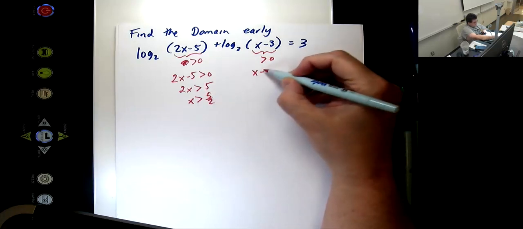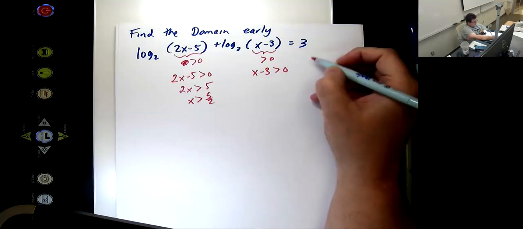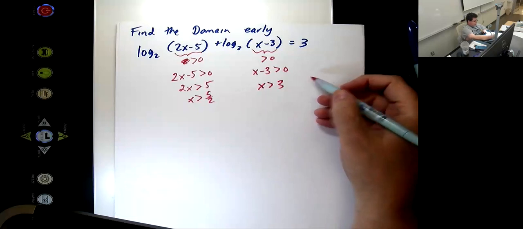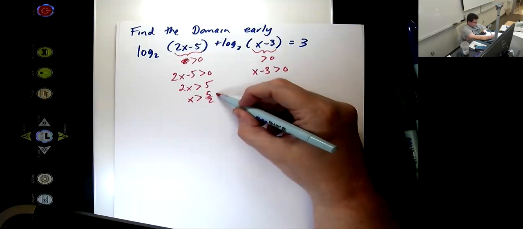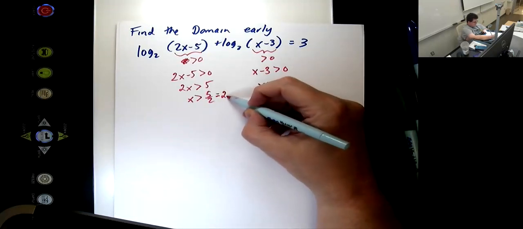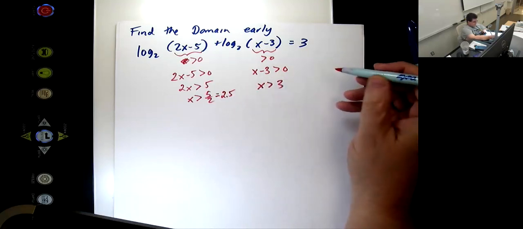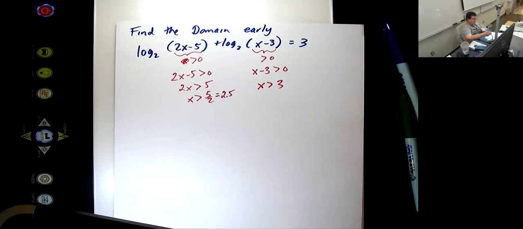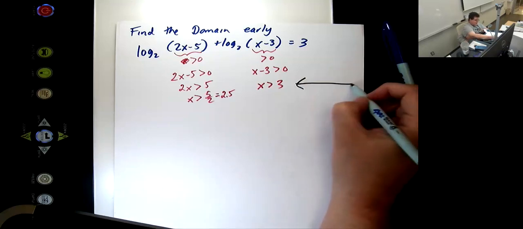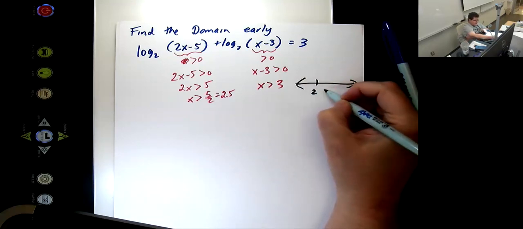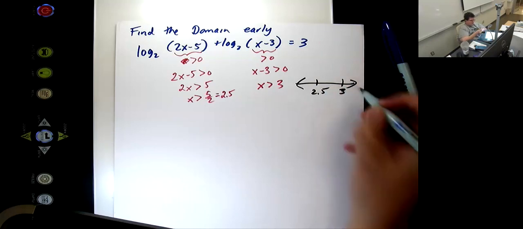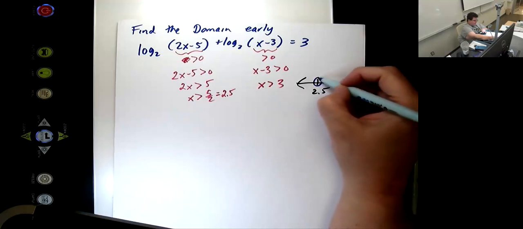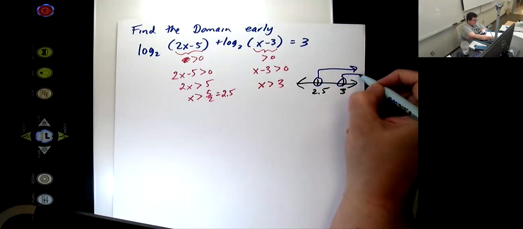Here I have x minus 3 has to be greater than 0, so x has to be greater than 3. 5 halves is 2.5. If I want to meet both domain restrictions, one of them says do this, one of them says do this.